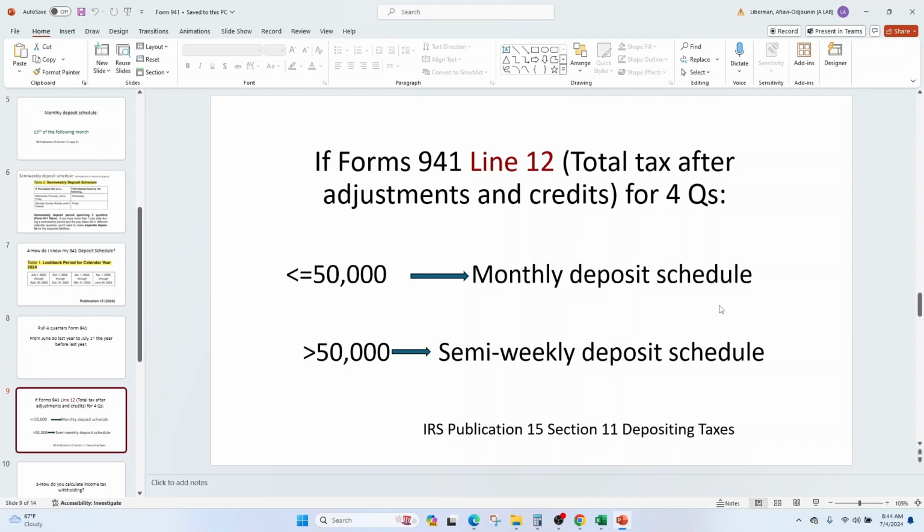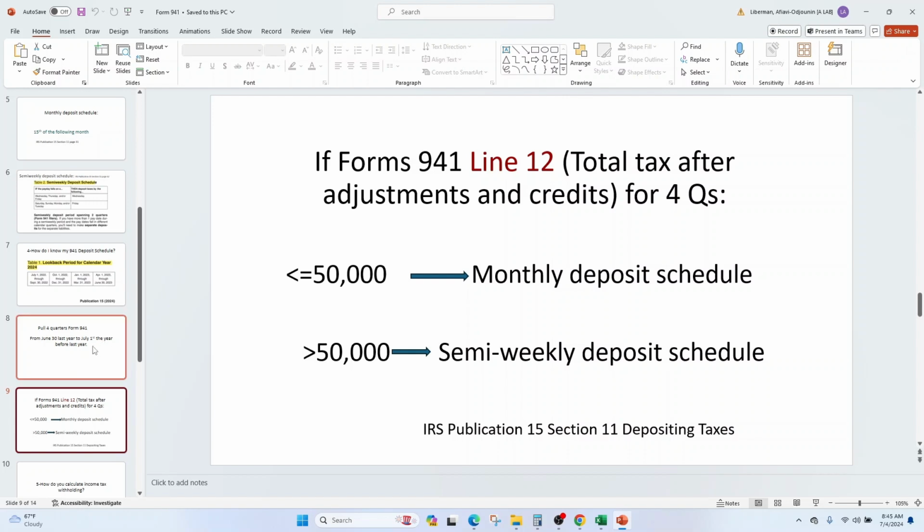If that happens, then you will make that $100,000 tax liability payment the next day, and then you default to the semi-weekly deposit schedule for the rest of the year, and for the following year you will remain a semi-weekly depositor as well.